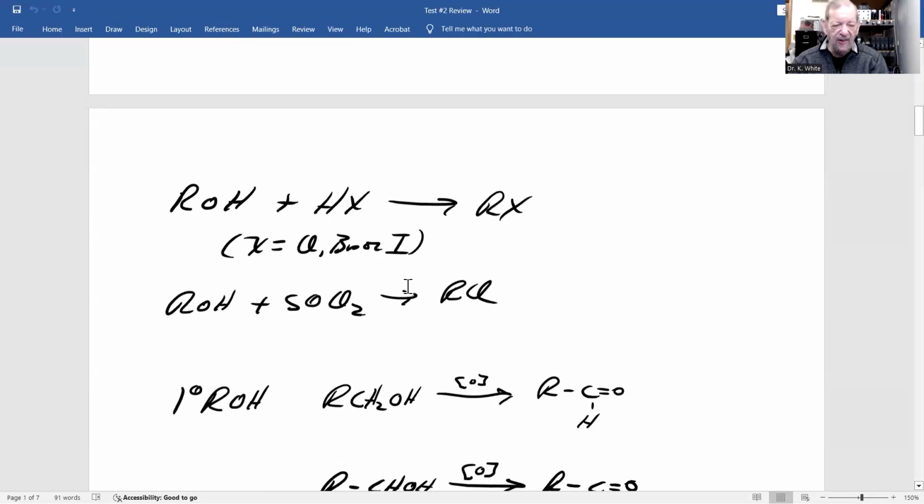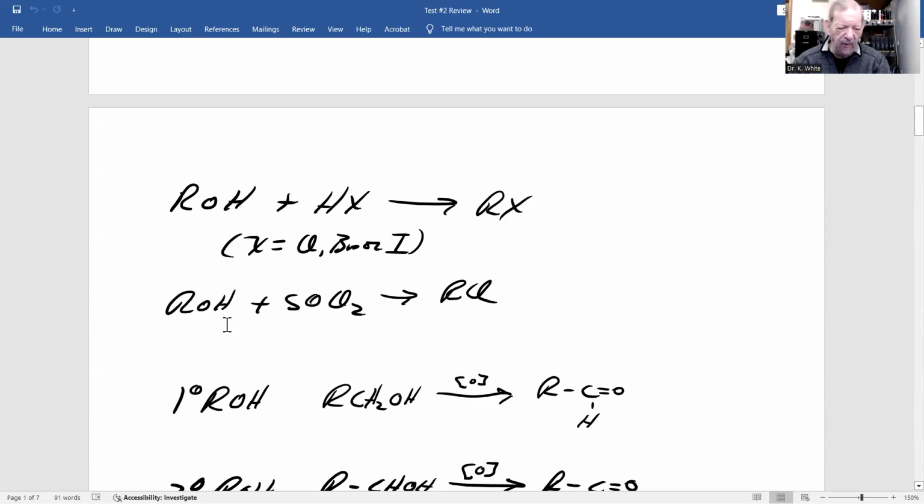All right, let's continue. Now, if you take an alcohol and react it with HX, where X is chlorine, bromine, or iodine, you replace the OH group, the hydroxyl group, on the carbon with a halogen. Now, this is not good if you have a double bond.